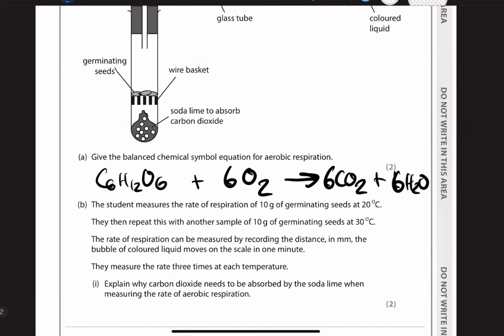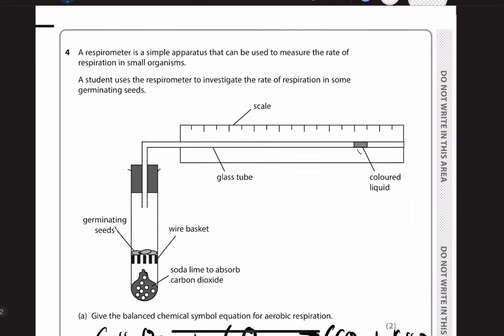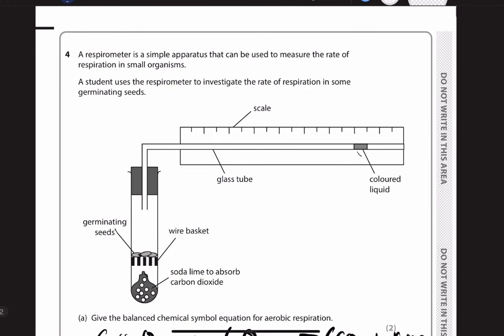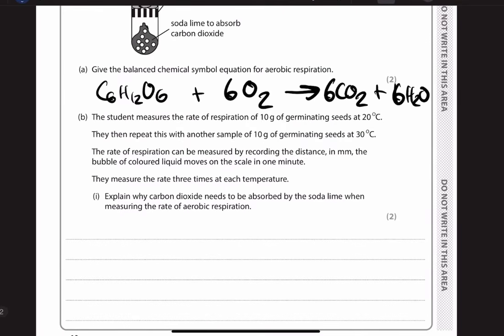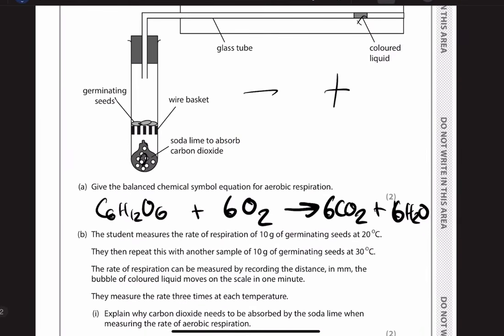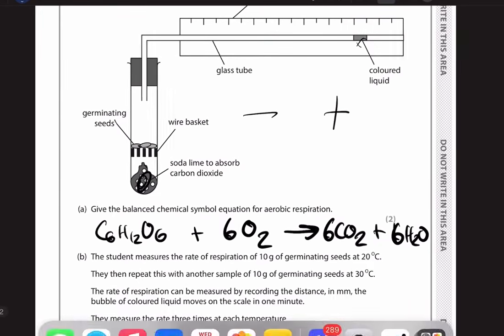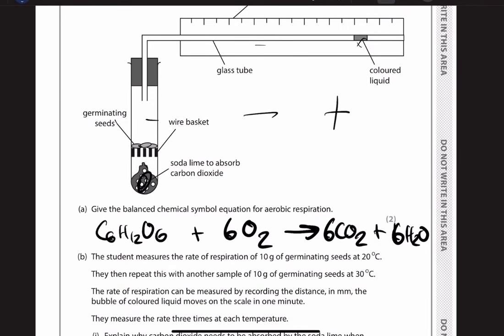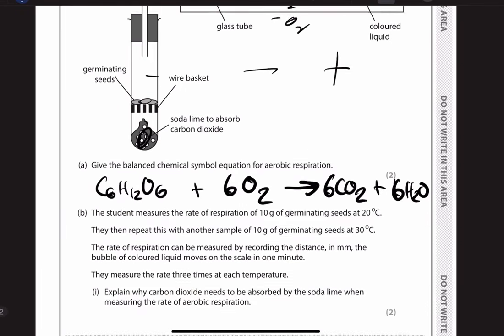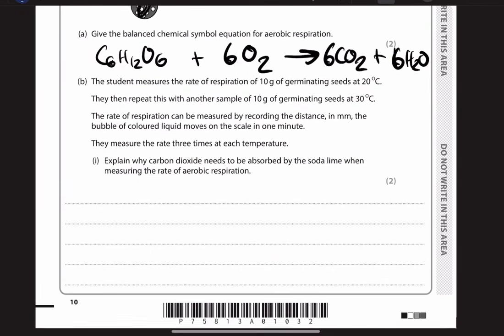But if we're producing a gas, what's going to happen is it's just going to counterbalance where we have minus oxygen from the system and plus carbon dioxide, so the liquid's going to stay in the same place. So the idea is we use this to get rid of all the carbon dioxide, so we're just losing oxygen, minus O2, and that's going to move the colored liquid across the scale. Okay, so how do we explain that?